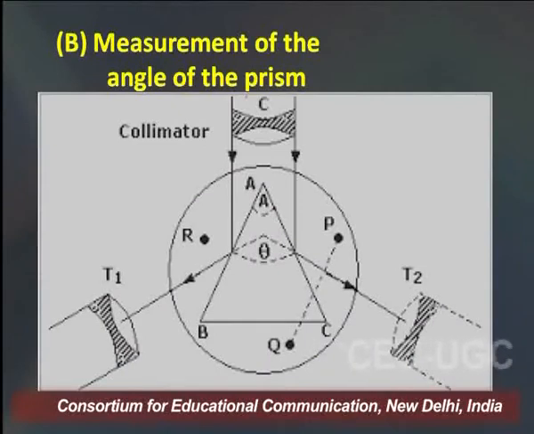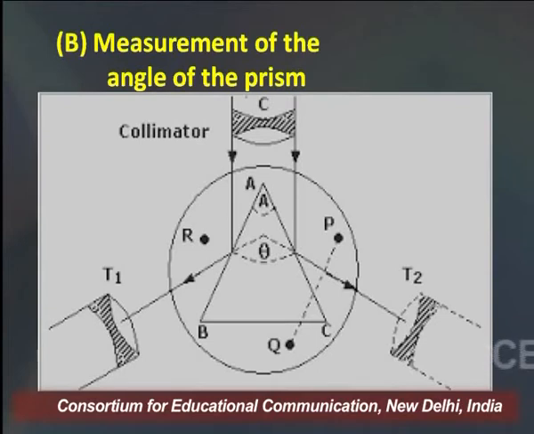Next we will find out the angle of the prism. This is the procedure for measurement of the angle of the prism. Here on the screen we have the position of the prism. Here ABC is the prism. The angle A of the prism must be in front of the collimator C, and light from the collimator falls upon the prism.